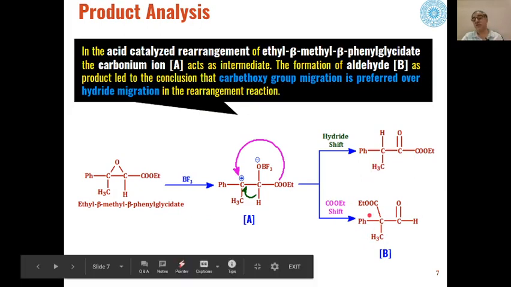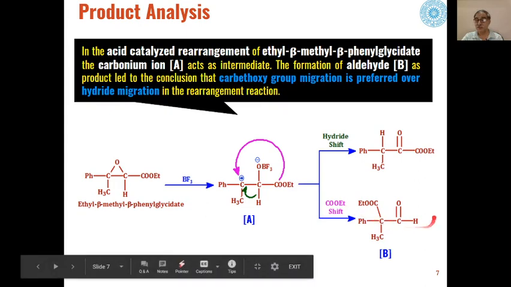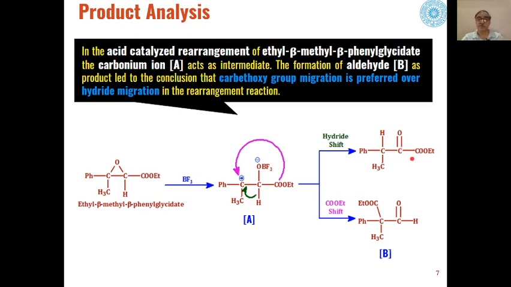So this tells us from the analysis of the product that here the shifting of carbethoxy group takes place in preference to the hydride migration. So this group migrates in preference to hydride, and that is why we are getting this as the product and this product is not formed.